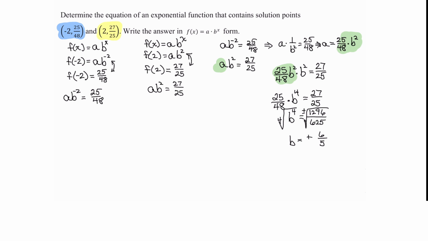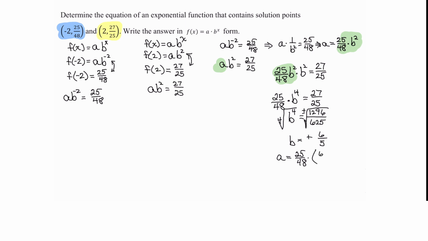Next up, we still need to find a. So we can go to any of these equations that we have for what a is equal to and solve for the value for a. We are going to look at the part that's highlighted in green. So we have a is equal to 25 over 48, and notice that's times b squared.